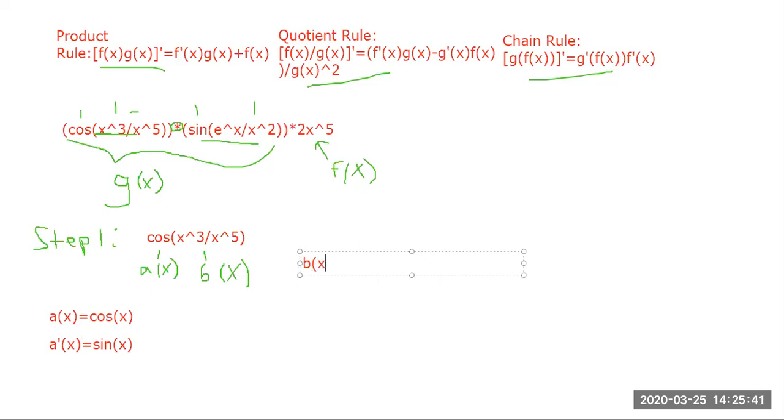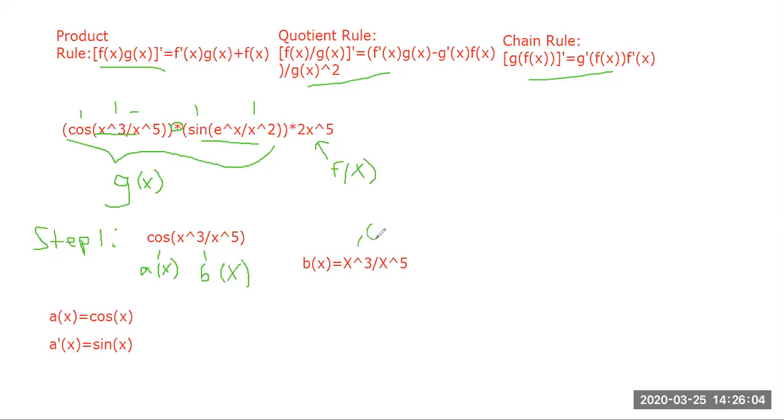b of x equals x to the 3rd divided by x to the 5th. So it's going to get messy here with all these different letters.